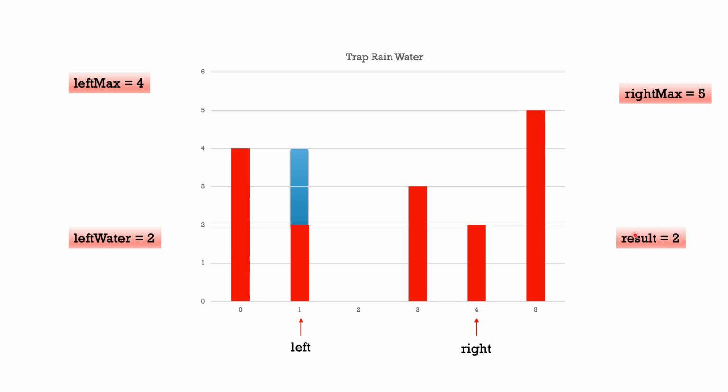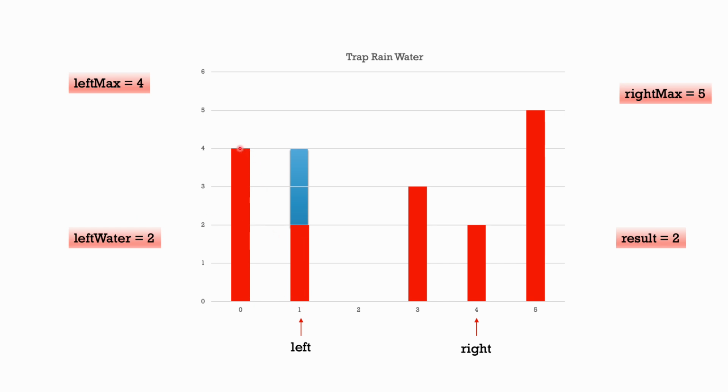Our result is going to store the total water trapped thus far, and here we can see that our left max value is less than right max value, right? So we can calculate the water at left. How do we calculate it?